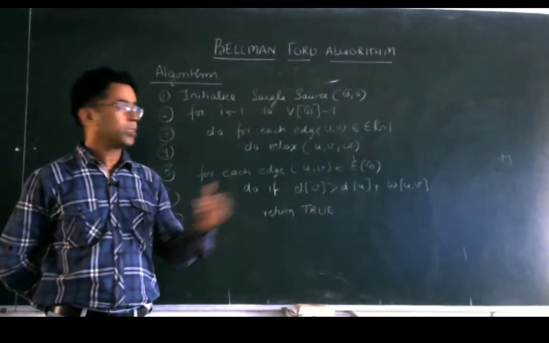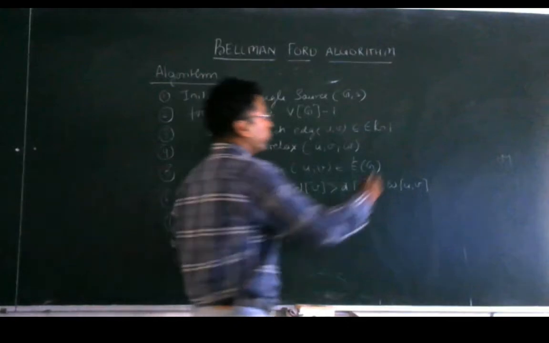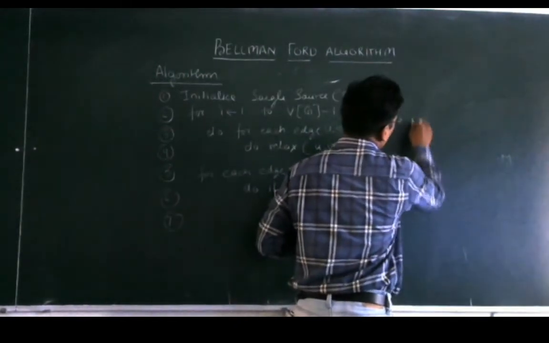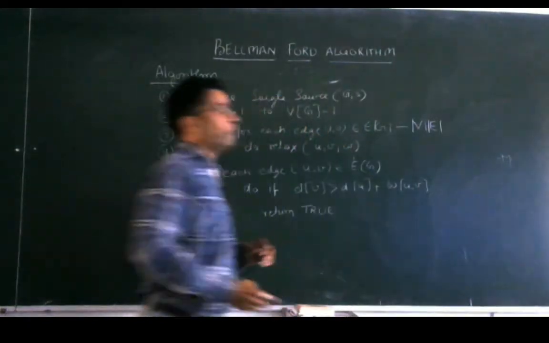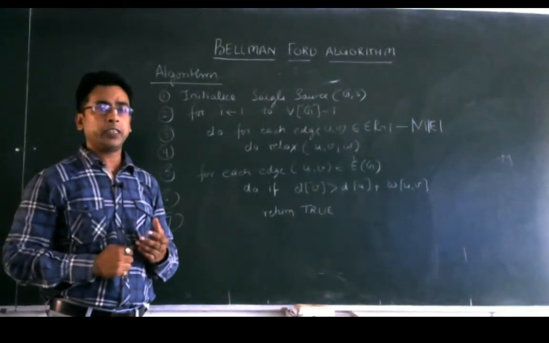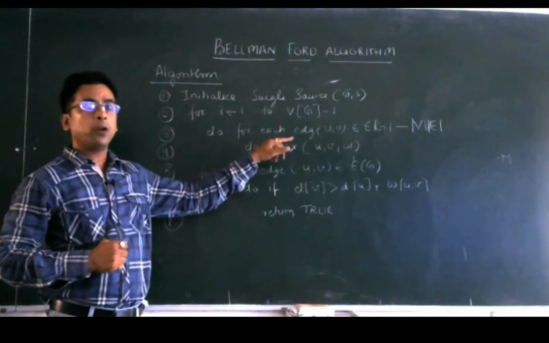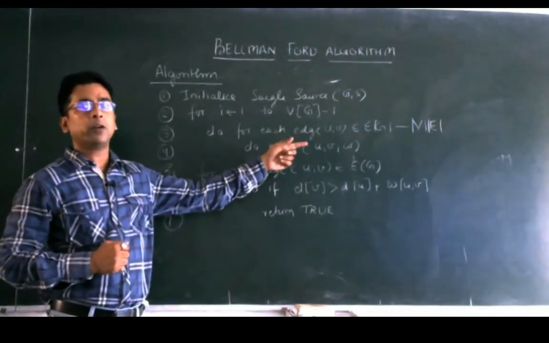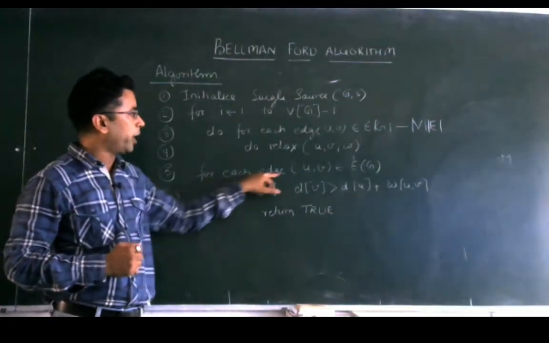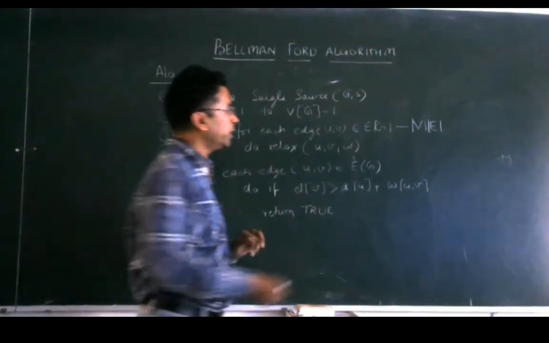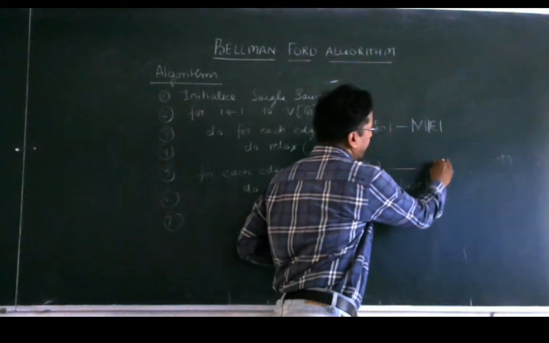So it will take |V| into |E| steps, for every vertex the number of associated edges it will run, so it will take |V| into |E| computations. And here this loop, for every edge uv belonging to E, will run for |E| times.